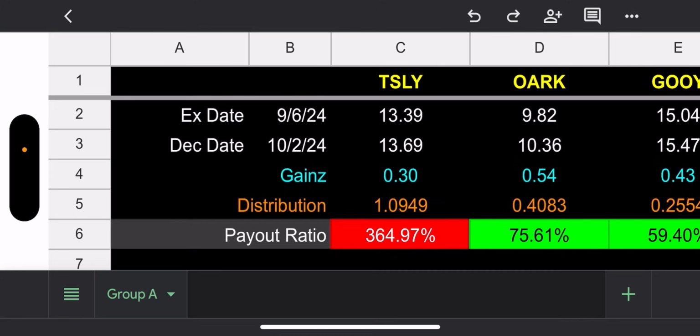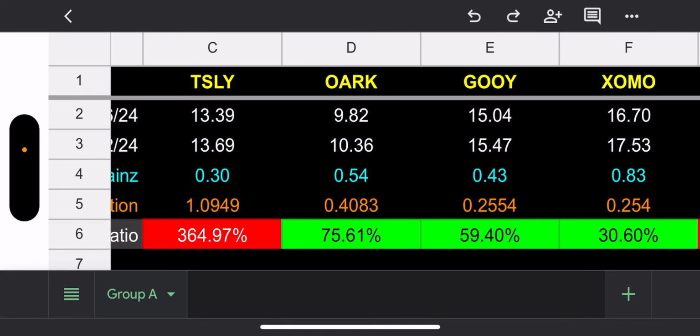OARC has a 75% payout ratio. This means they left 25% on the table. So that's good, right? Again, this is not recovery rate. Recovery rate shows the next month recovering the prior payment. This shows how much they made in that current month versus the current payment.